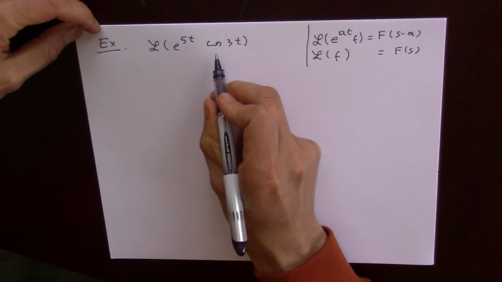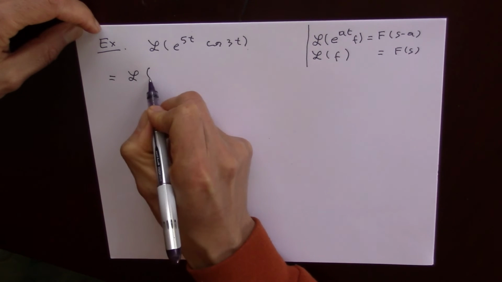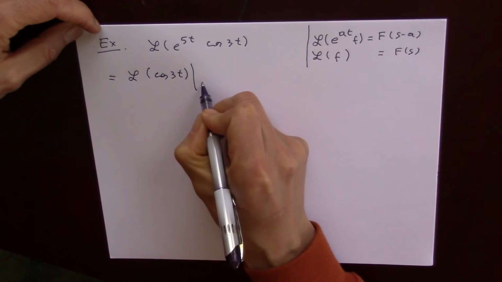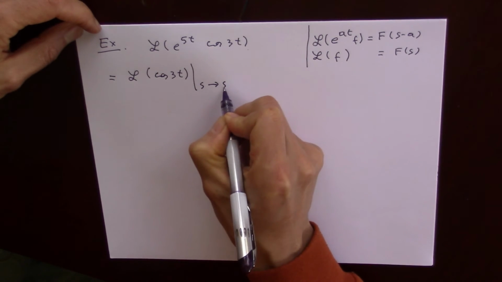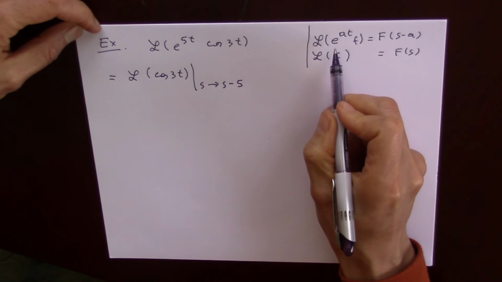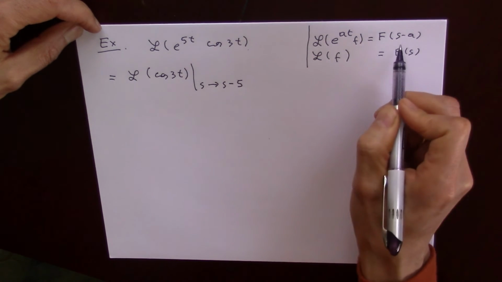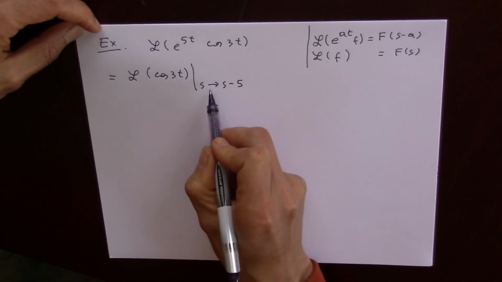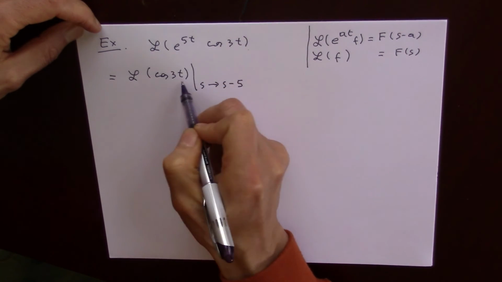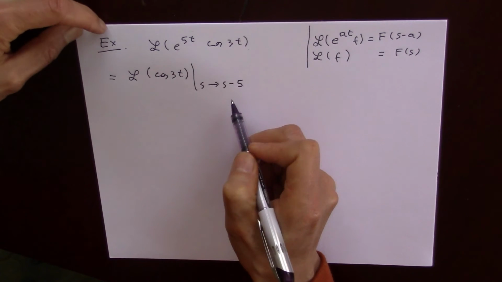So the way we're going to interpret it is the following. Here we're going to find the Laplace transform of cosine of 3t, where instead of s we're going to have s minus 5, because that's what the theorem says. It says in order to find the Laplace transform of e to the at times f, what we need to do is change s into s minus a. So in our case we're going to change s into s minus 5 because of e to the 5t, and we're going to find the Laplace transform of cosine of 3t, and then change s into s minus 5.